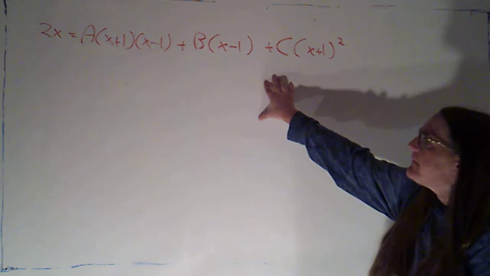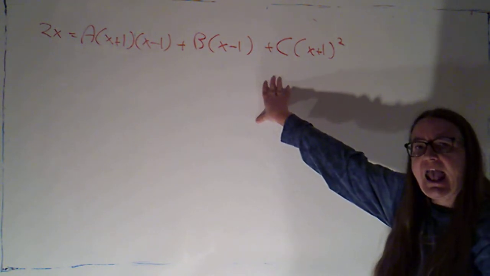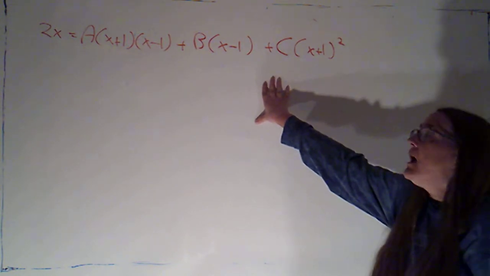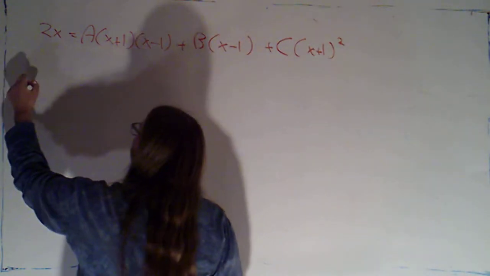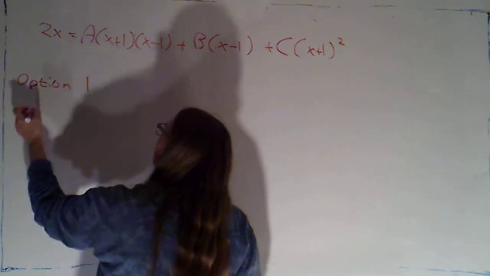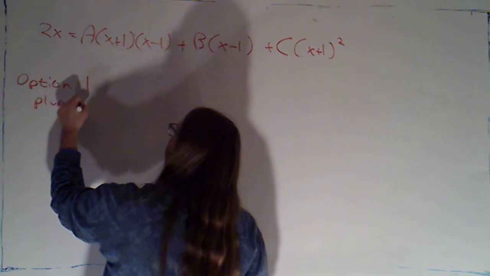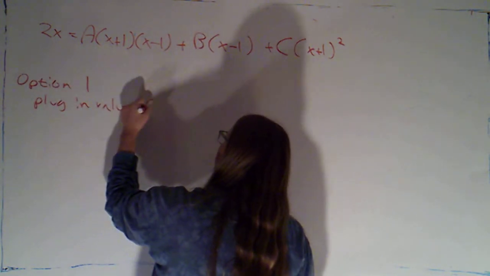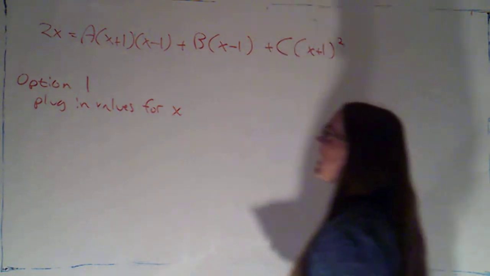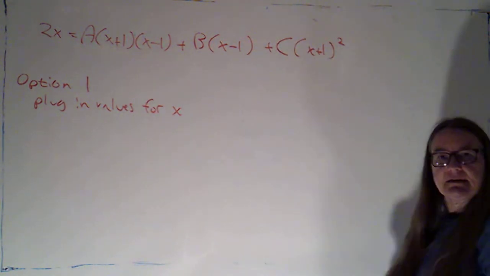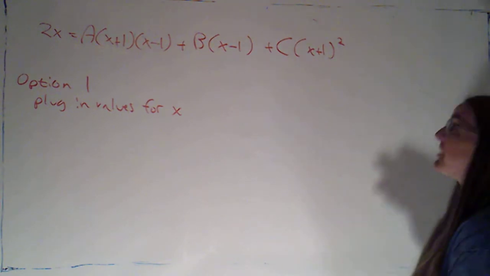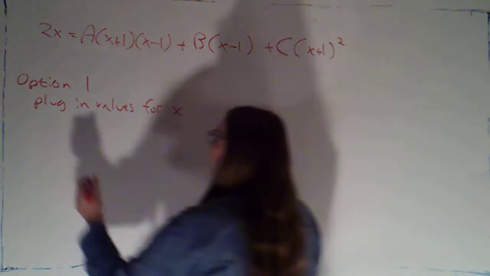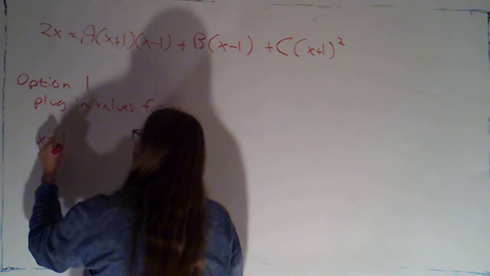So I basically have two techniques for finding a, b, and c. The first technique, which I'll write as option 1, is to plug in values for x. I need to find three numbers, a, b, and c. I'm going to need to plug in three numbers for x. Okay. The two that are the easiest to plug in are x equals 1 and x equals negative 1.